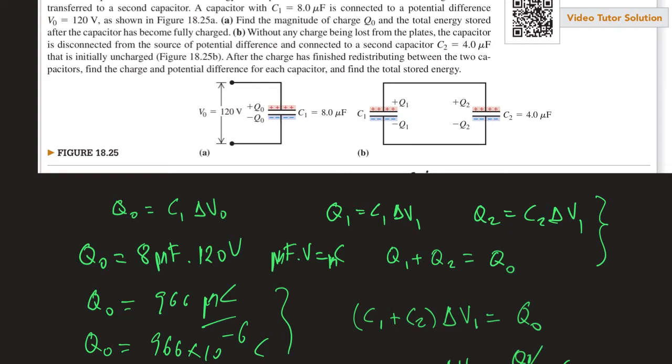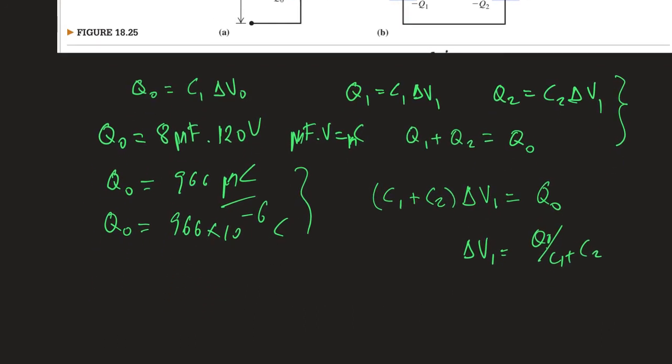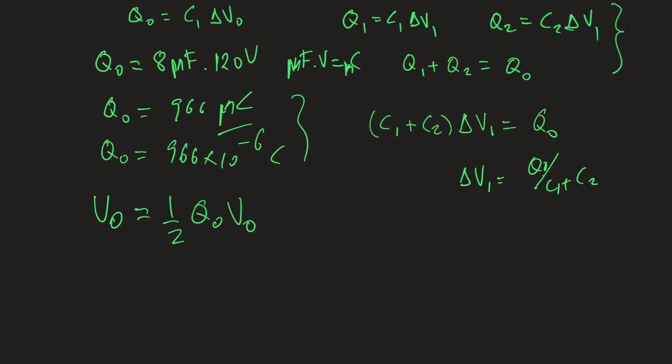So we want to find the magnitude of the charge and the total energy. The total energy that you can store on this capacitor, U0, is 1/2 Q0 by the difference in potential V0. So U0 is 1/2 of the charge, 960 microcoulombs, by the voltage 120.